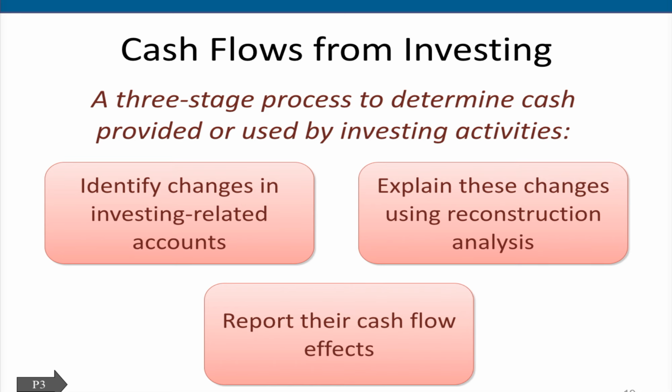But anyway, I wouldn't use necessarily a 3-stage process, but I would just think about it this way. This one stage right here is basically all you're doing. Identify the changes in any investing-related accounts. So pretty much, if you're working for this company or with this company in any capacity, you should know how this company gets their money. How do they get their financing? Are they mostly getting money through stock investments? So they sell stock, people give them money, and then they're basically owning less of the company that way.